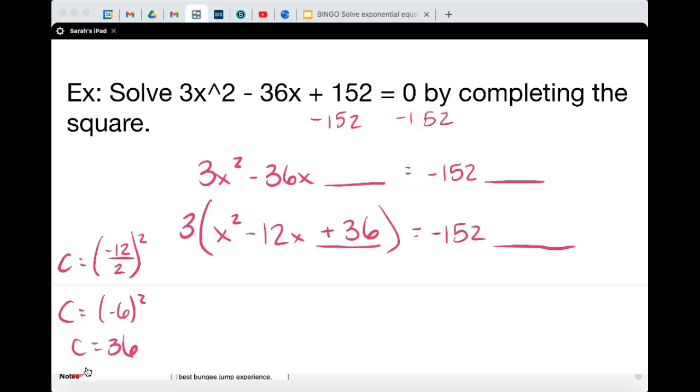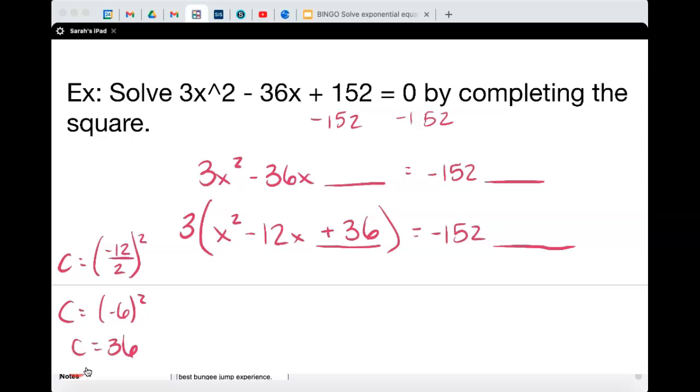This one we have to be careful though, because 36 is in the blank in parentheses. This whole parentheses is being multiplied by 3. So I can't just write 36 in the blank on the right side, because this number is actually bigger on the left side than what we realize. If you have it in parentheses, you should do 3 times 36 to figure out what goes in the blank on the right side.